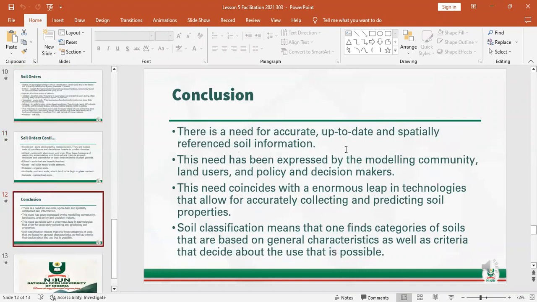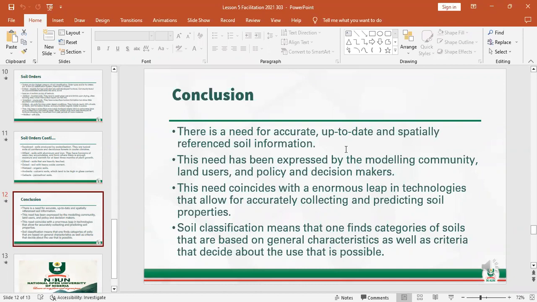Now, by way of conclusion, we say that there is a need for accurate, up-to-date, as well as spatially referenced soil information.